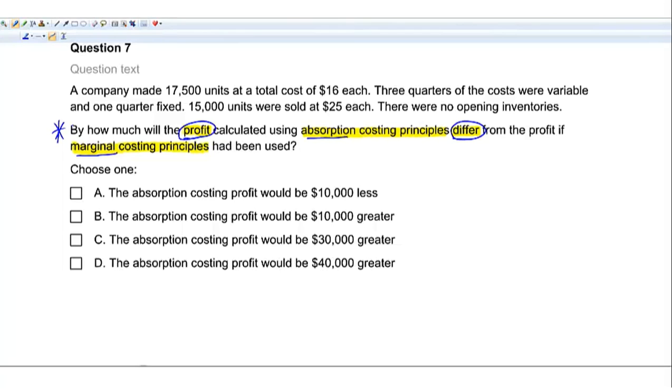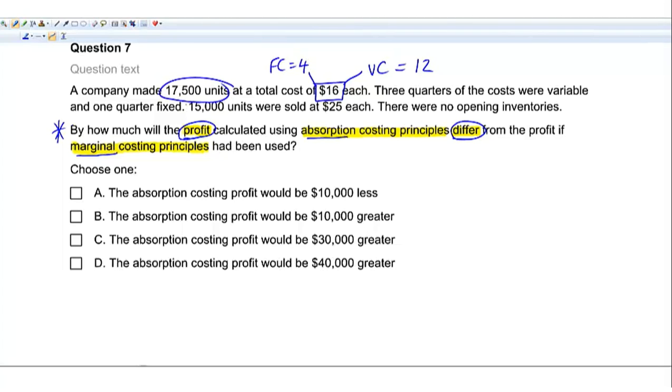Okay, so the question tells us that the company made 17,500 units and the total cost was $16 per unit. It then tells us that 3/4 of the costs were variable cost, so therefore we can say that the variable cost must be 12, and 1/4 of the cost is a fixed cost, so we can say that the fixed cost must be 4.